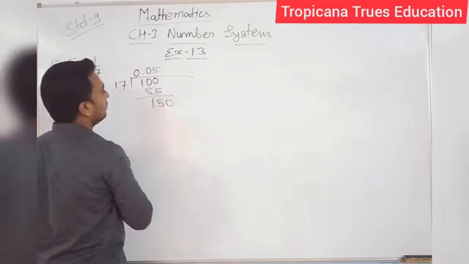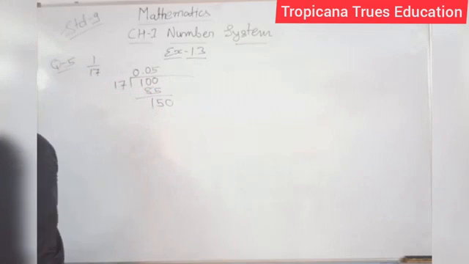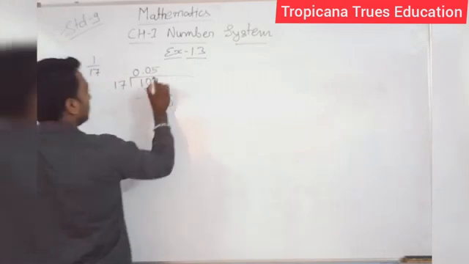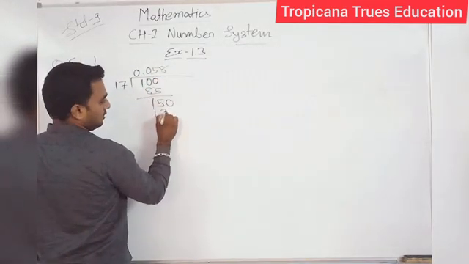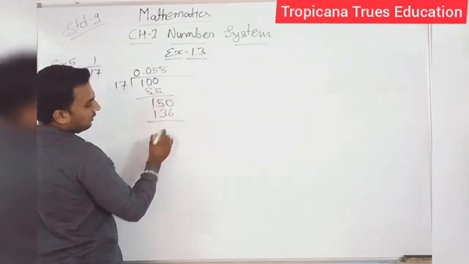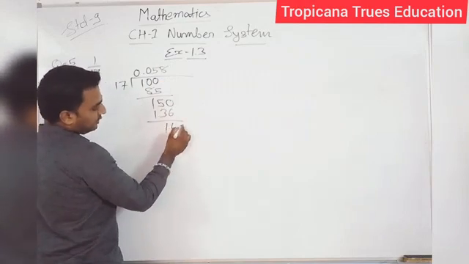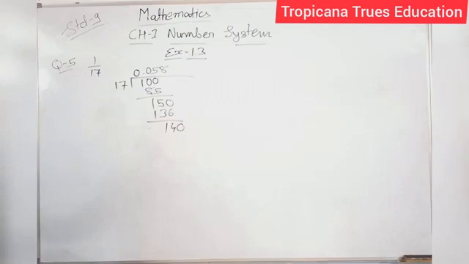Now again put 0. Again I know that 17 8s are 136, the remainder will be 40. Again put 0 here. You have to do it this way so that you get the perfect answer. You have to move in this sequence.